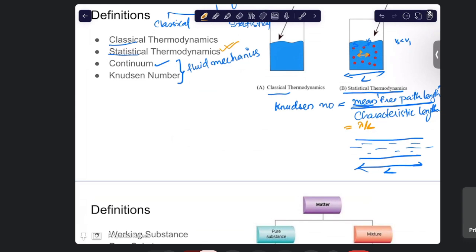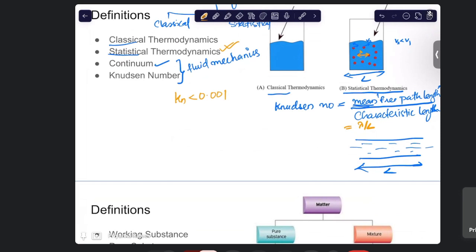Now, what Knudsen number are we looking at here? If the Knudsen number is lesser than 0.001, then it is safe to assume continuum.